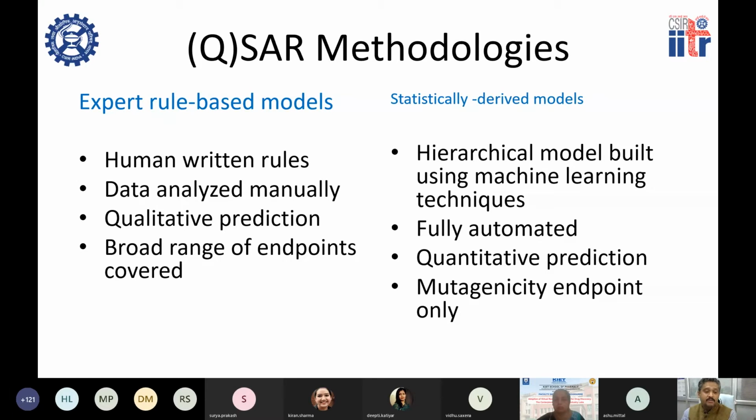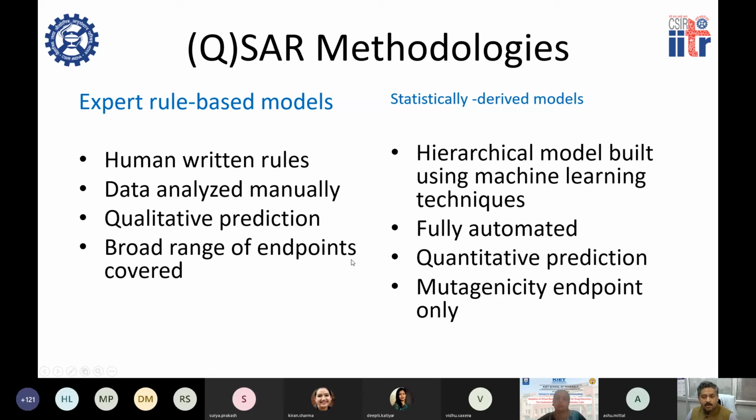For us, a broad range of toxicity endpoints are available in whatever computational tools we are using. Using that, we narrow down our searching process and understand the particular compound in much more detail, whether to take the compound further or how to understand its toxicity.